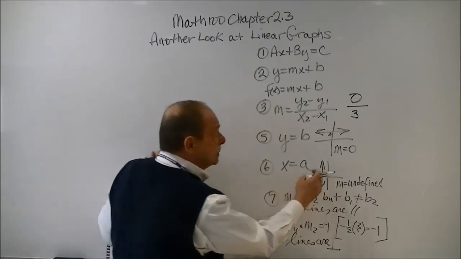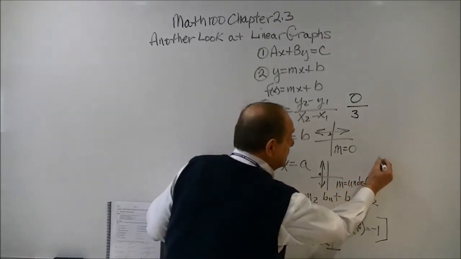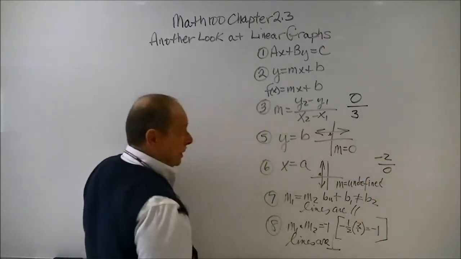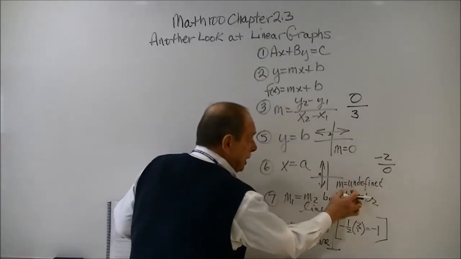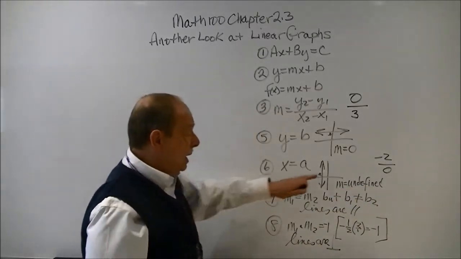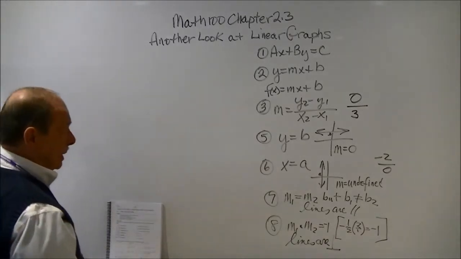If you found the slope by taking 2 points, you would end up with something like, let's say, -2 over 0. When something is divided by 0, the slope, in this case, is undefined. Anything divided by 0 is undefined.